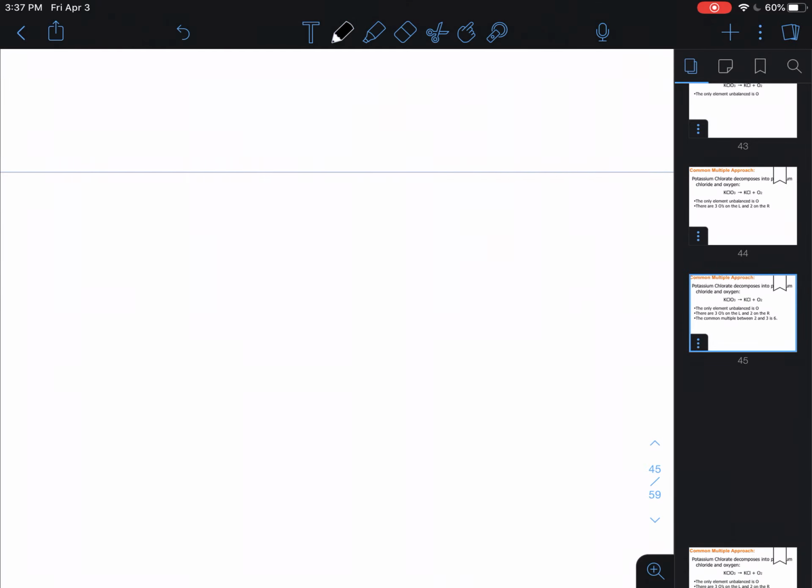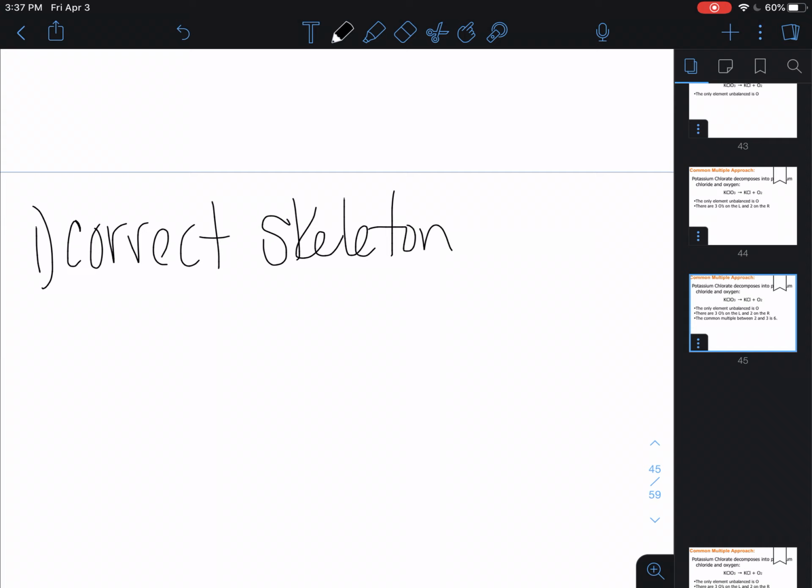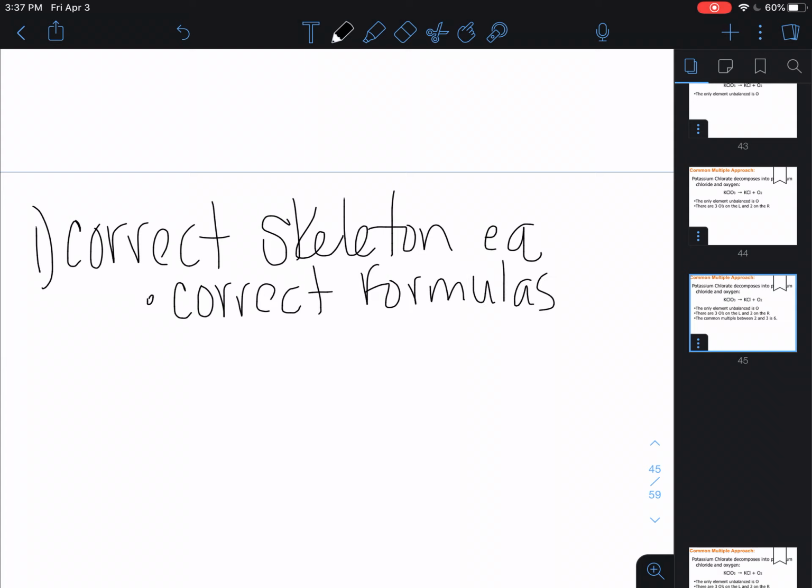So again, correct skeleton equation, all right, and that means correct formulas, and correct products, reactants, all right?